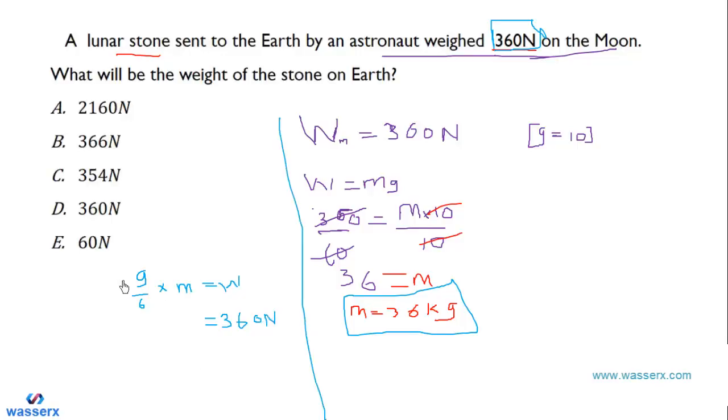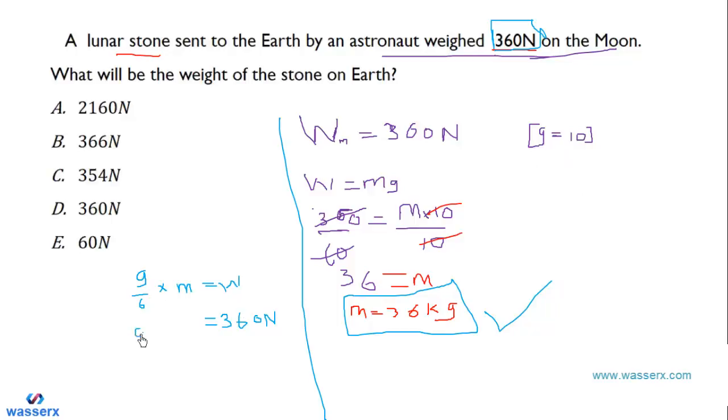So what we are going to do right now is to solve for gravity due to acceleration, that is what was on Earth, then multiply it by the mass, which is constant. We don't actually know the mass. So the work over here was done when we were assuming the gravity was 10.